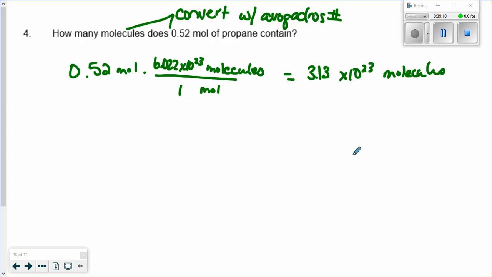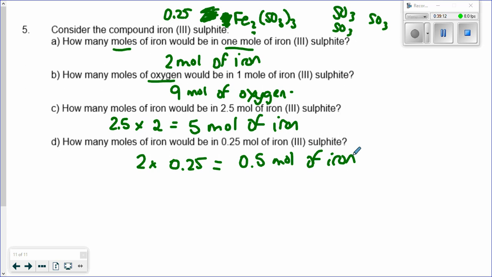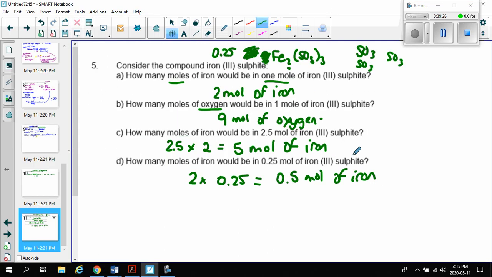Again, oh sorry, I'll let you finish copying if you're doing that. Again, you'll see a variety of questions. I was smart enough to not do all of the worksheet in this, but you'll see in the assignment.